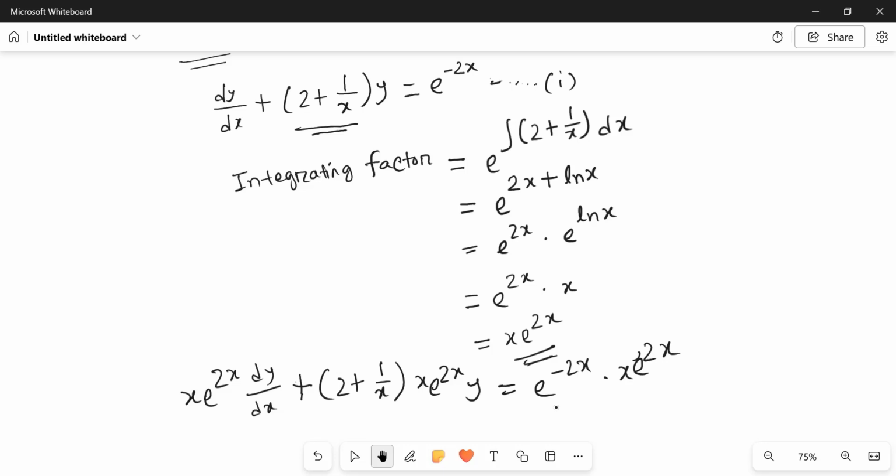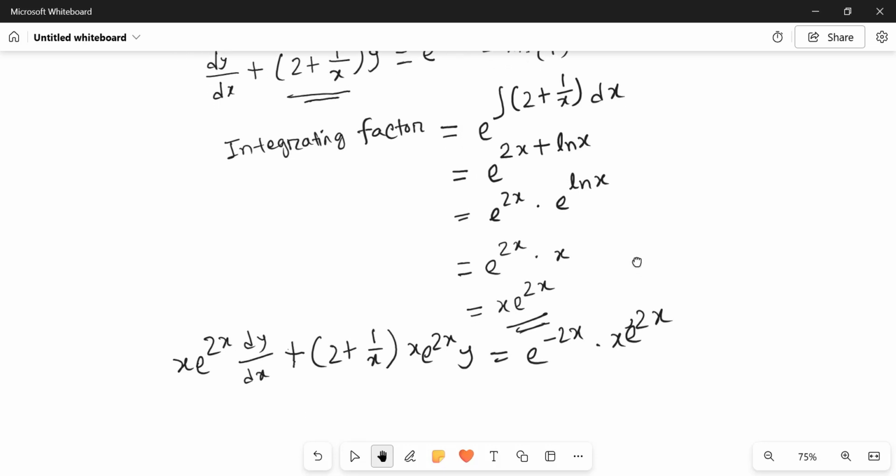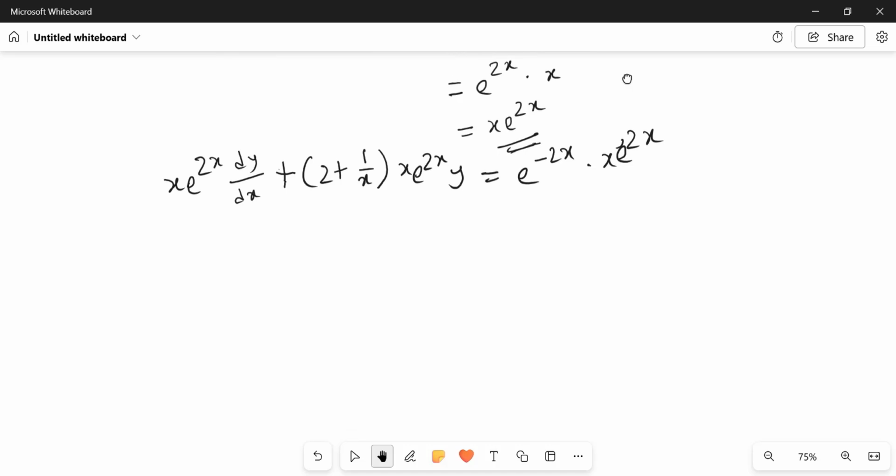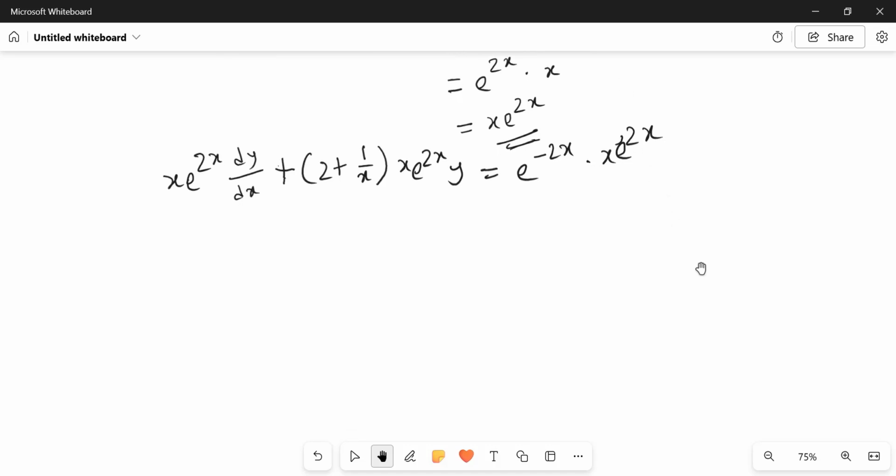So this is what we get when we multiply both sides of equation 1 by this integrating factor.